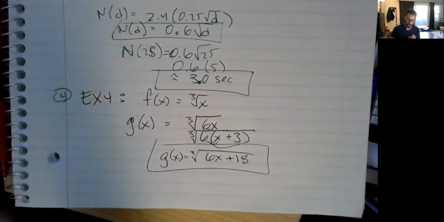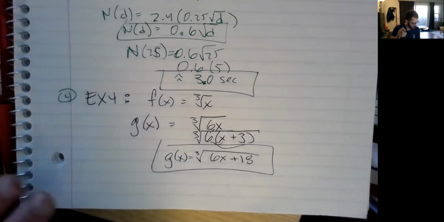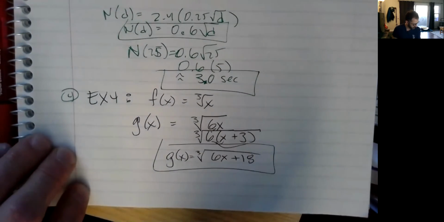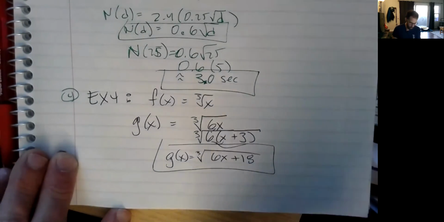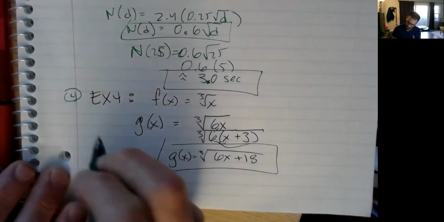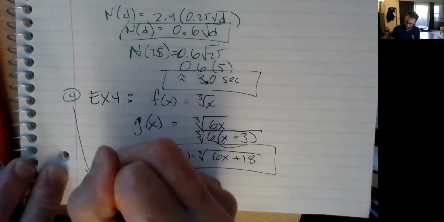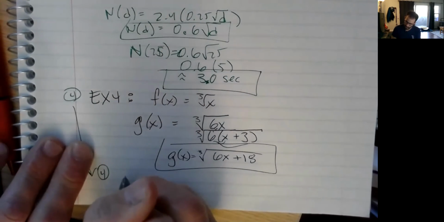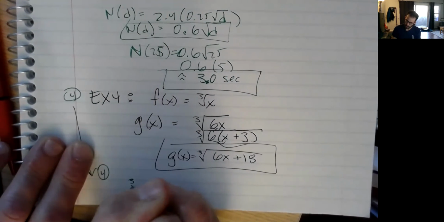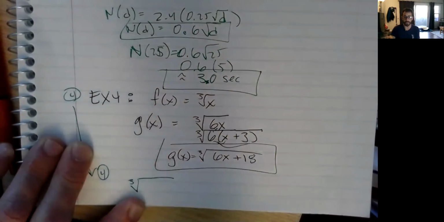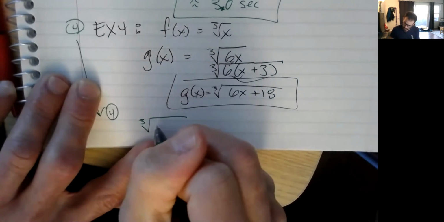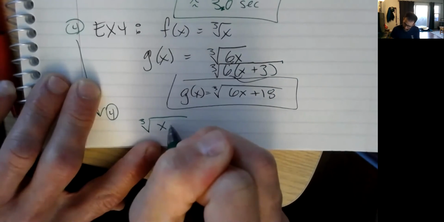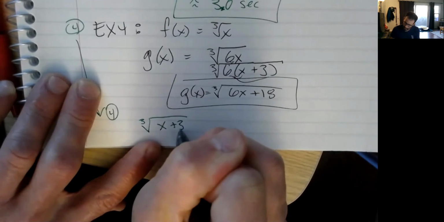Now question 4 is saying, what if it's reversed? We do the translation first and then the horizontal shrink. So we're going to do the translation first. Cube root of, we don't need parentheses in this case because we're just going to move it 3 to the left. There's only an x right now.